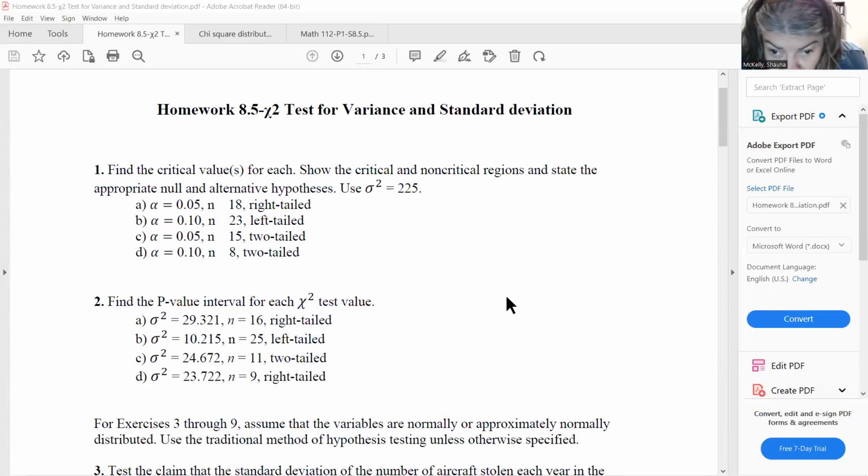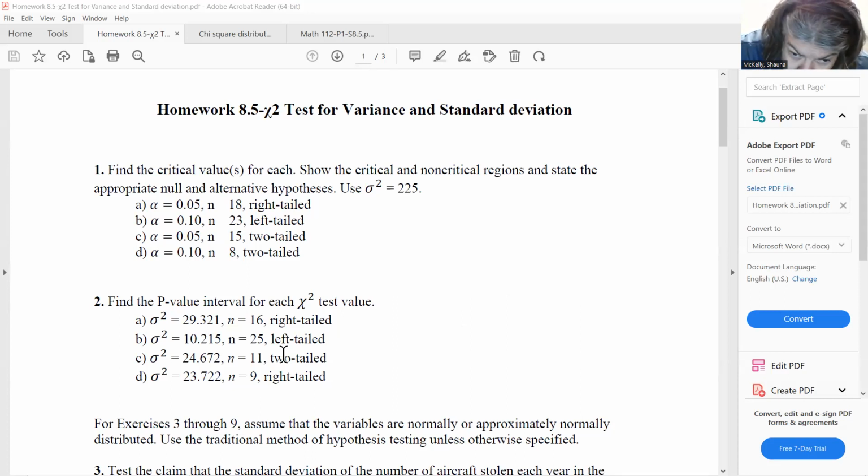So here's our homework assignment. Find the p-value interval for each chi-square test value. Right? Again, you pay attention to whether it's right tail, left tail, or two tail. This time I'm going to skip to the two tail one because I think that's the one that gives people the most problems.